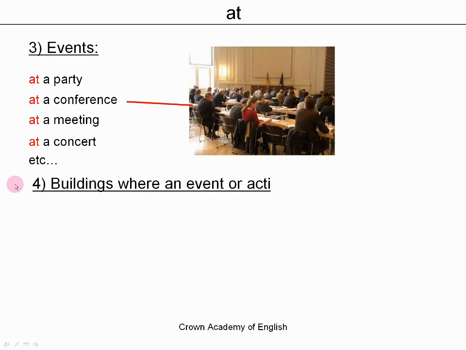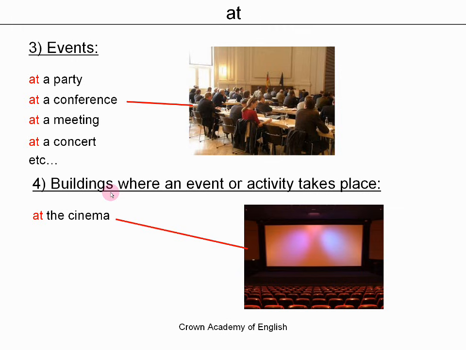And also, when we are discussing the building where an event happens or an activity takes place, we also use the word at. So we can say at the cinema. So there's the cinema.